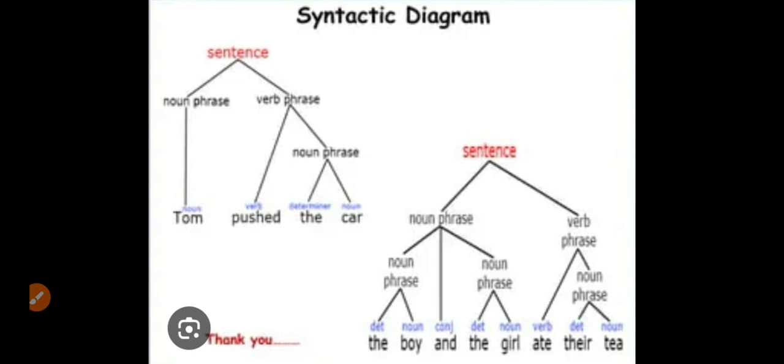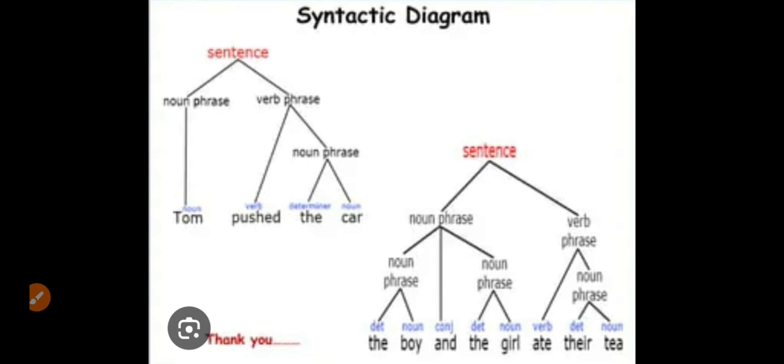That is actually higher level, but for your query, let me start with CP and TP. CP is complementizer phrase and TP is tense phrase, but that is actually higher level. Complementary phrase and modifiers are the terms you should be familiar with.